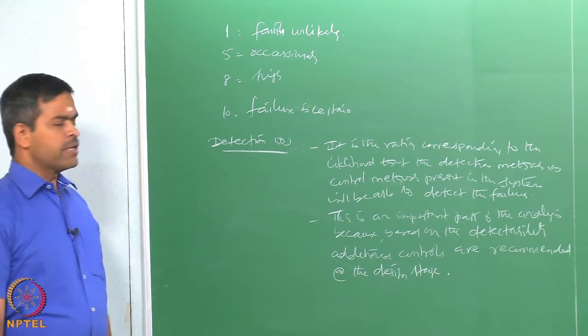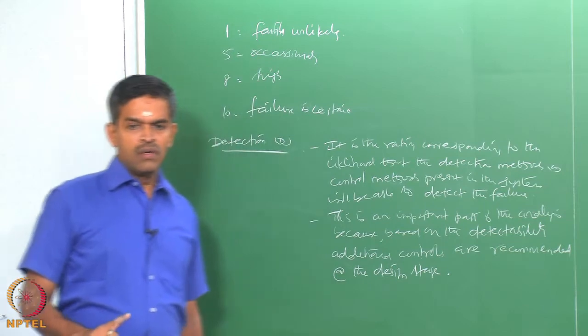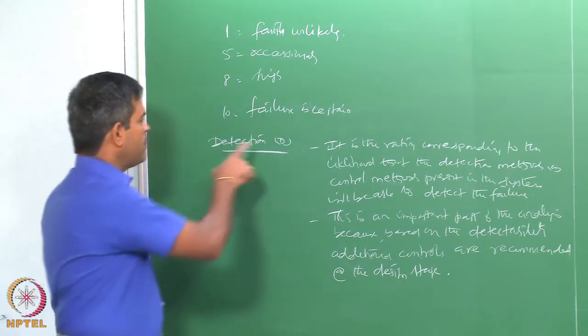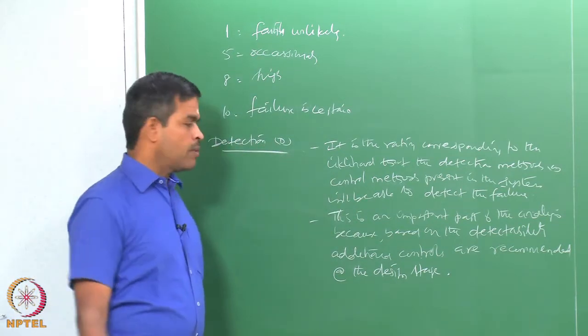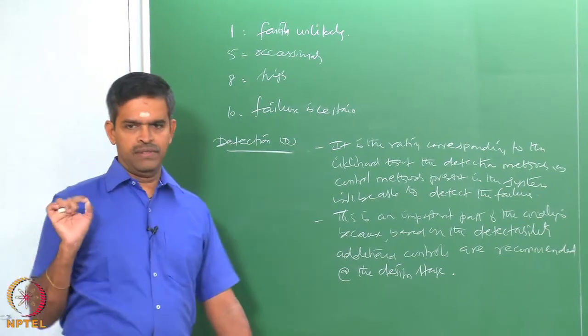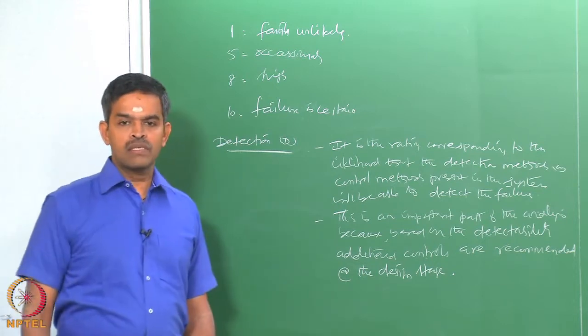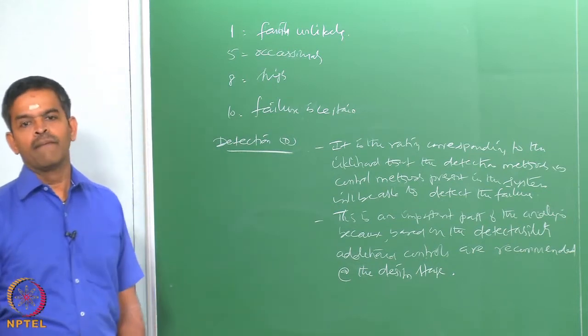So, before the end product is released for commercial production, it is important that one looks into the detectability of the failure. You may attach some sensors, some alarms, you may even attach some LEDs to the given system, so that, for example, if the LED is glowing, then one can say this particular component is failing.